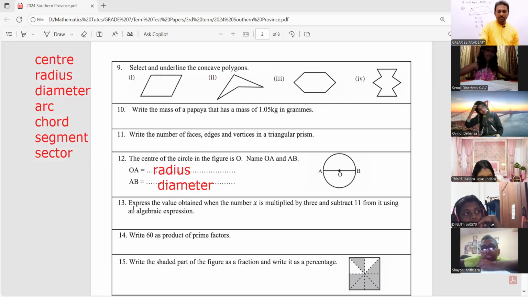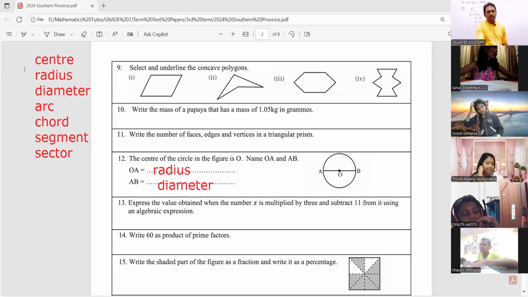Next question, number 13. Look at it. Express the value obtained when the number x is multiplied by 3 and 11 is subtracted from it, using an algebraic expression. Right, a certain number is given, it is x.